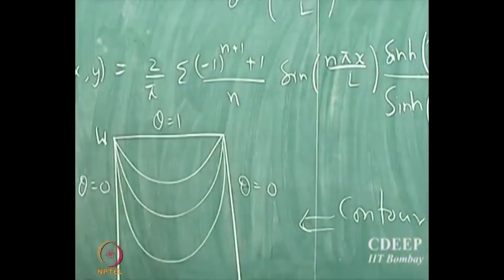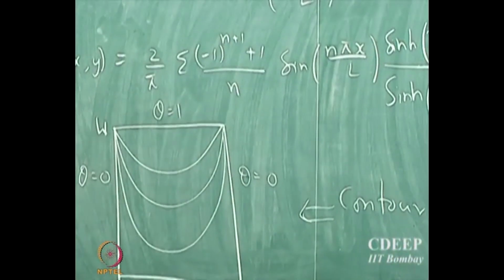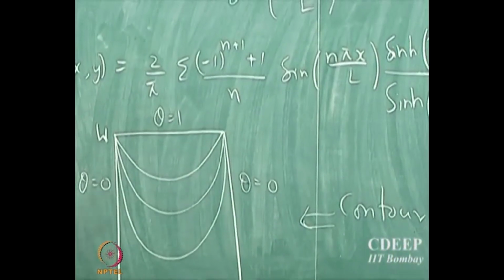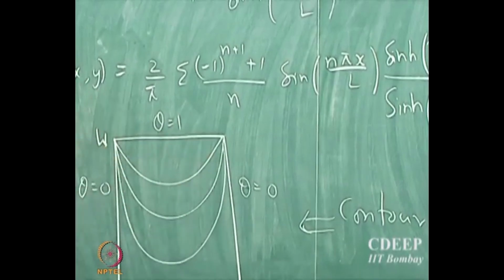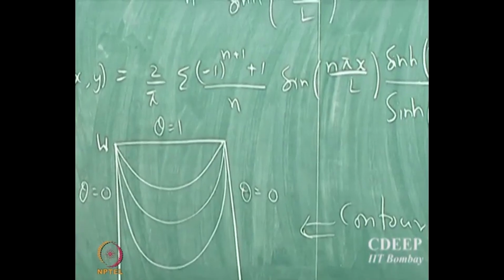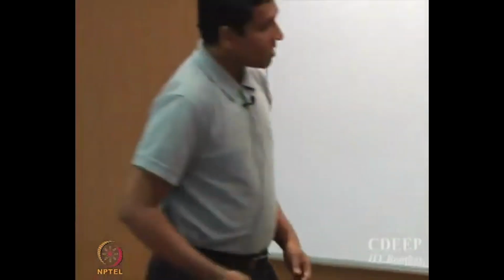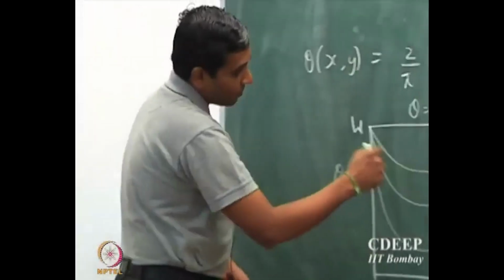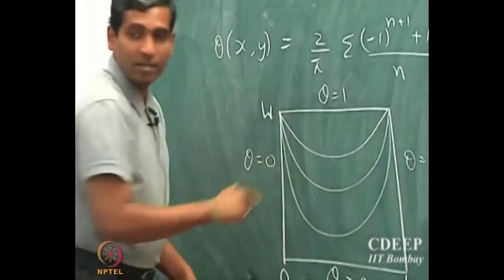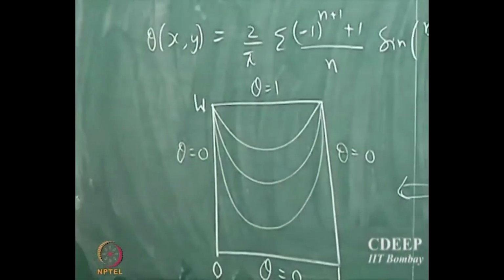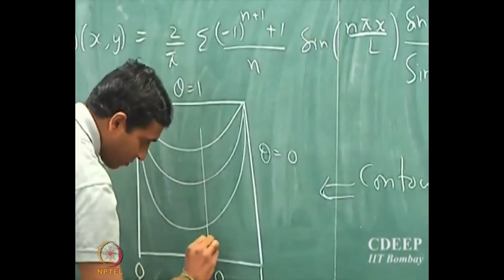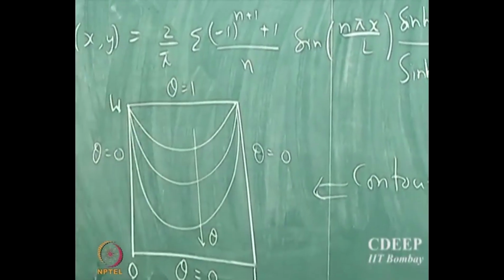A contour is essentially, at every location, you use either an isotherm line, or if you have colors you could represent the temperature with colors. So these are the constant temperature lines along this slab here, and naturally it has to be decreasing in theta.